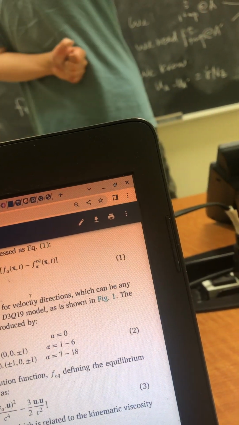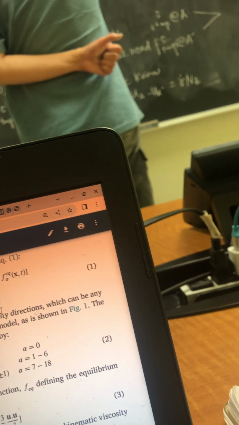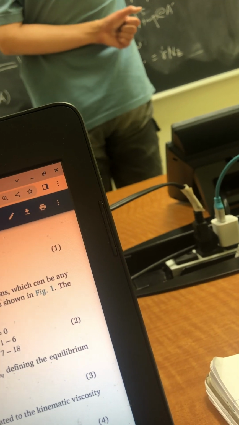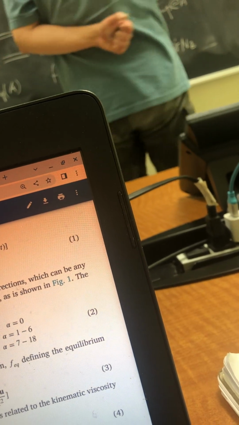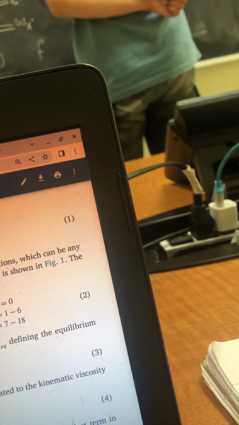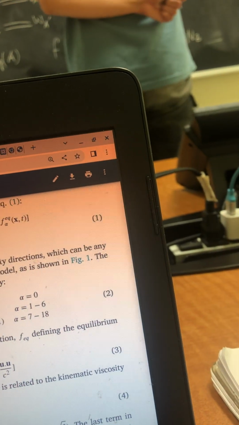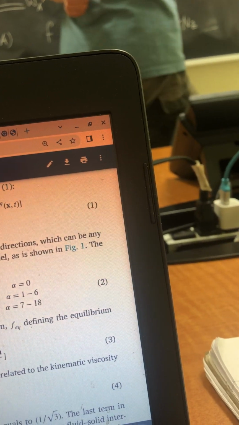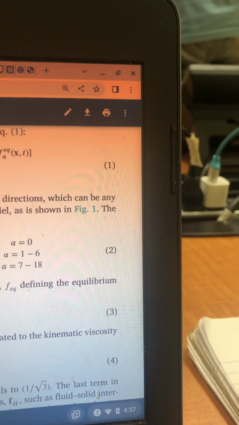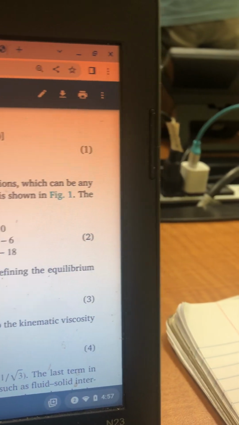So if we look at the FEQ I, it is rho omega I times 1 plus 3 times, basically C is 1, E dot U, plus 9 over 2 E dot U all squared, right?